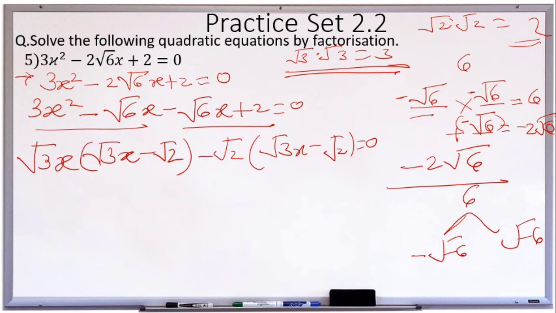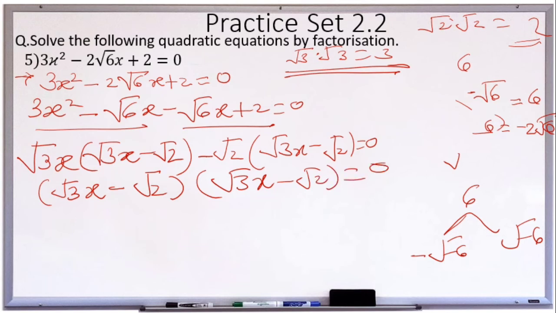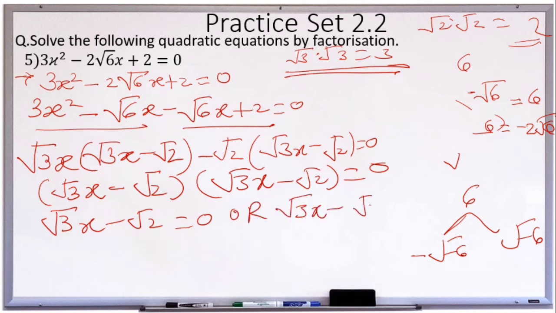Next is root 3x minus root 2 in the first term, and in the second term also root 3x minus root 2. Same terms are there, equal to 0. Again by our property we get root 3x minus root 2 is equal to 0, or root 3x minus root 2 is equal to 0.